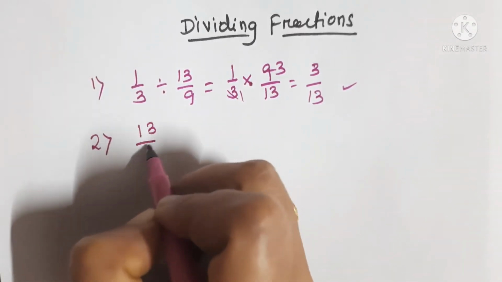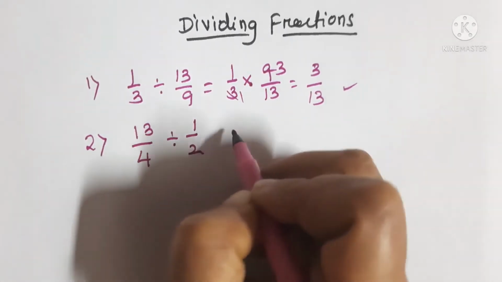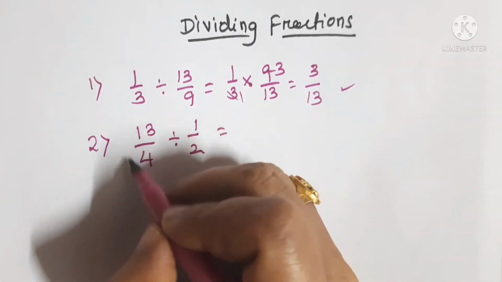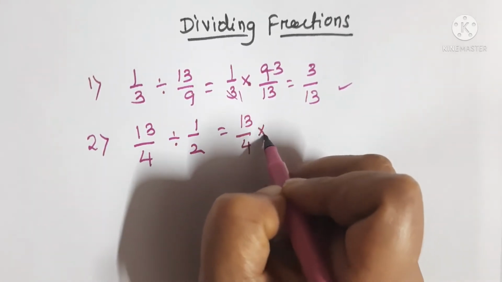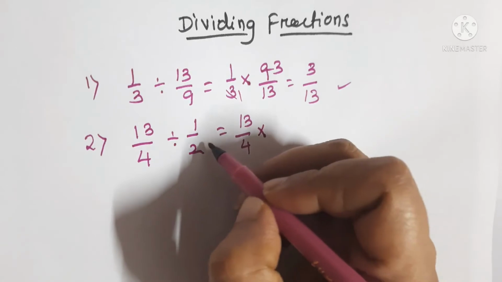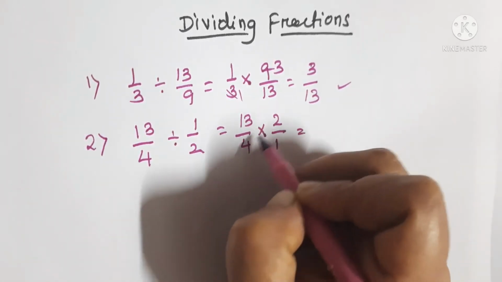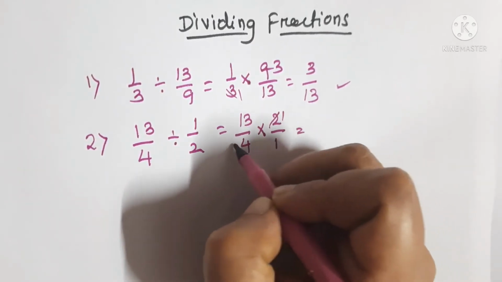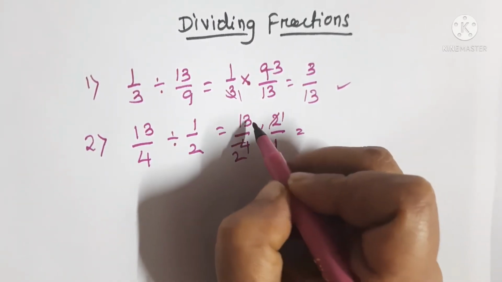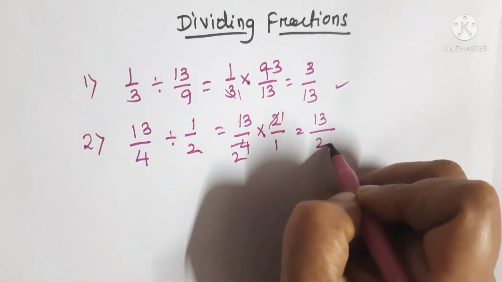13 by 4 divided by 1 by 2 is equal to. Here also the same: the first fraction will remain the same, the symbol will change and the second will become its reciprocal, meaning 2 by 1. Is there any cancellation? Yes, there is. 2 ones are 2, 2 2s are 4. So now 13 ones are 13, 2 ones are 2.